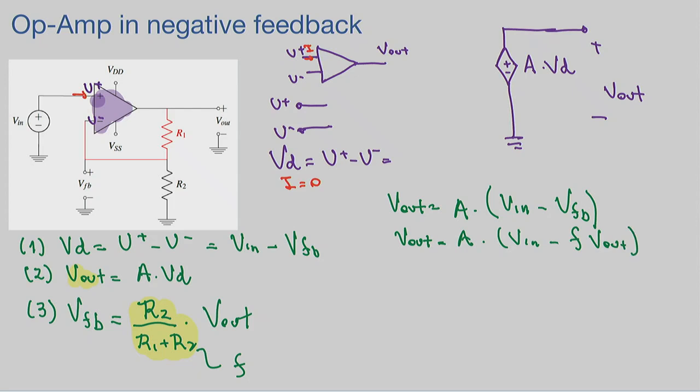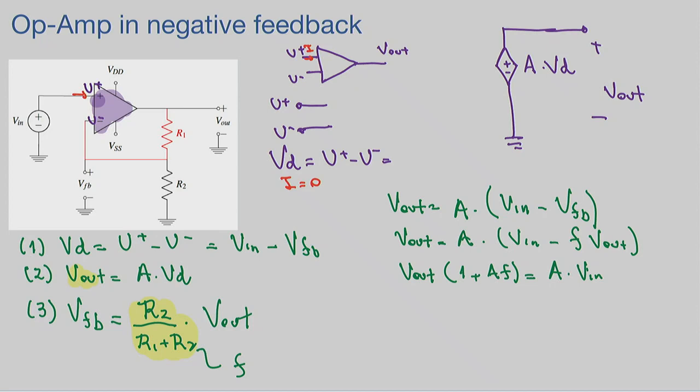Now I can write this as V out, like we did for the block diagram, times 1 plus AF is equal to A times V in, which is the same result that we got for the block diagram.